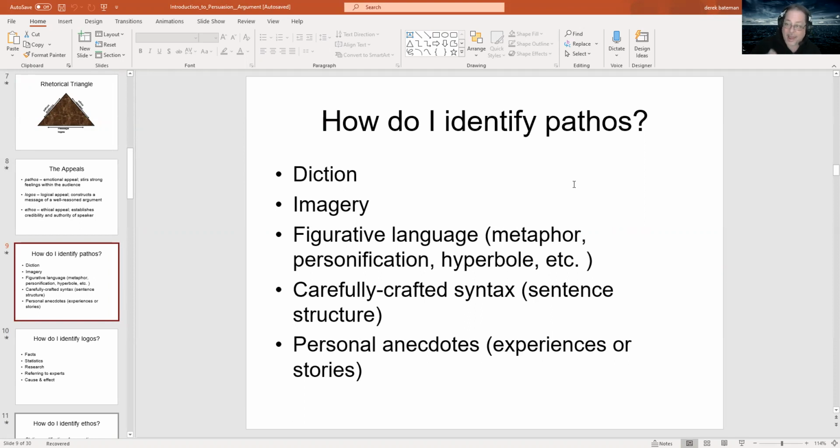For this class, you're not creative writers. You're not going to be using figurative language. This is what I meant earlier, that you're not going to engage in much pathos here. Okay, carefully crafted syntax, sentence structure, that goes for everything. Another way you can identify or engage in pathos is using personal anecdotes.